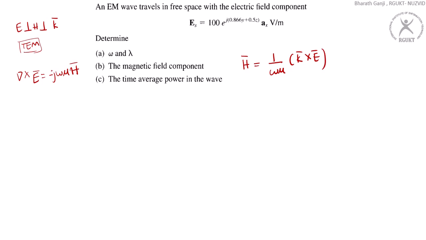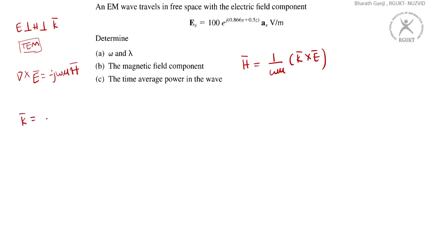If you don't remember it, I always suggest you go back to the videos where I have taught this. Maybe it can refresh your memory. So it is a straightforward question. To calculate the magnetic field, all you want is the k bar vector, and we have the information of the k bar vector.